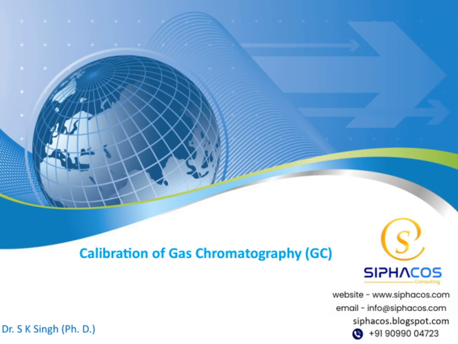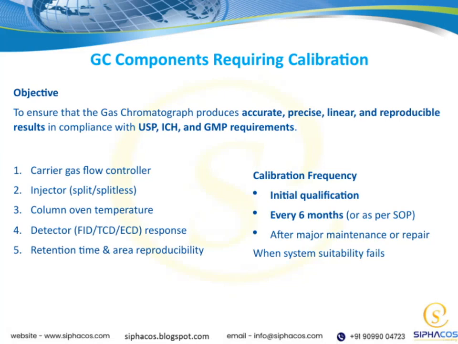Let's get started. Let's take a closer look at the key components of the gas chromatograph that require calibration. First, we have the carrier gas flow controller, which is essential for maintaining a consistent flow of gas through the system. Then, there's the injector, which can operate in split or splitless mode, and it's crucial for introducing the sample accurately.